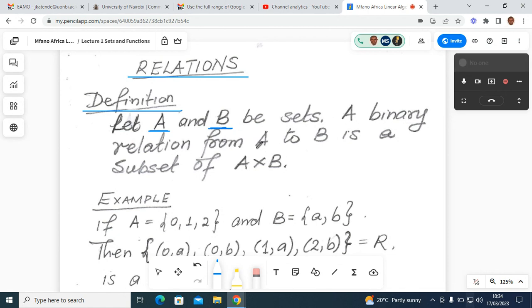You can define a binary relation from A to B. The keyword is binary. Binary simply means two. You can also define an n-ary relation. If you have more than two sets, you can define an n-ary relation if you have n sets, but we will not bother with this for now. We just want a binary relation.